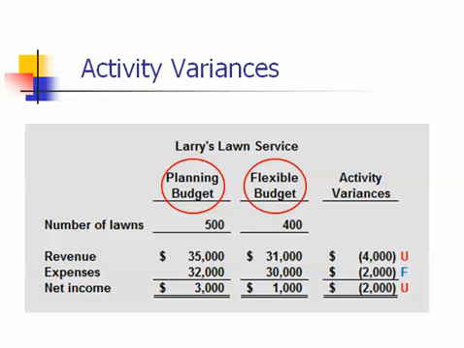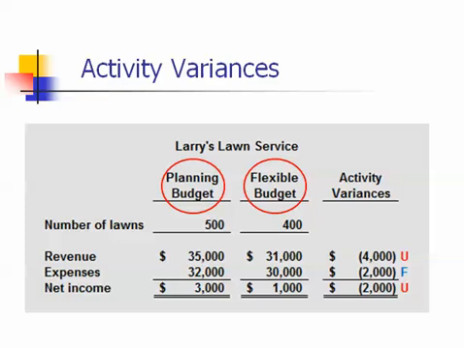Let's take a look first at our activity variance. Our activity variance is going to be found by comparing our original planning budget, which was based on 500 lawns, with our flexible budget, the budget we would have put together if we had anticipated only cutting 400 lawns. And in putting together this budget, we can calculate variances. And we can see that at this lower level of activity, we would have expected $4,000 less in revenues.